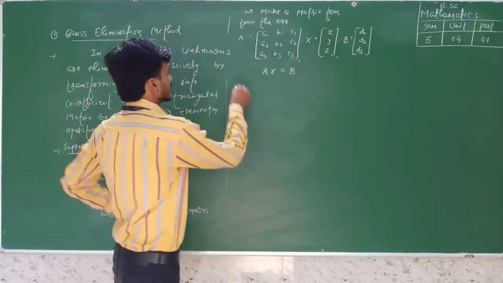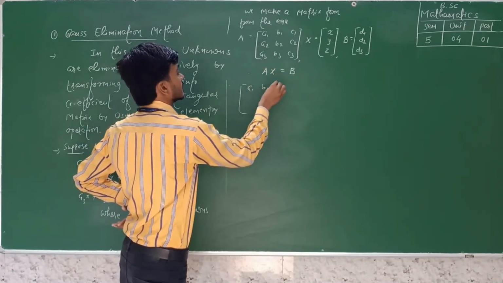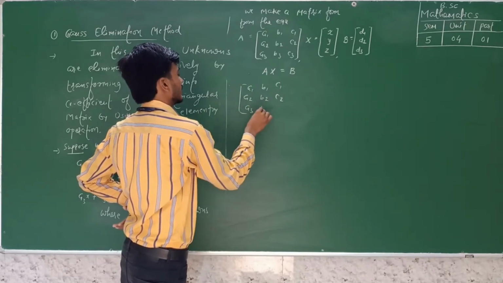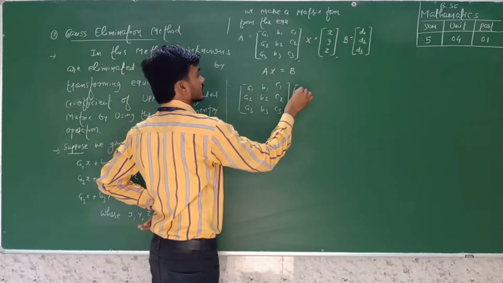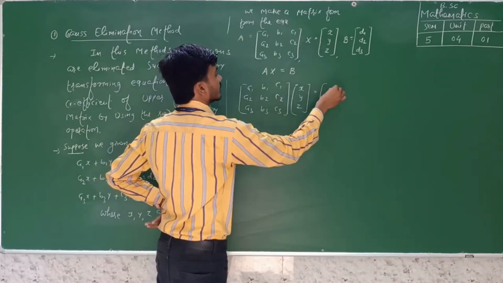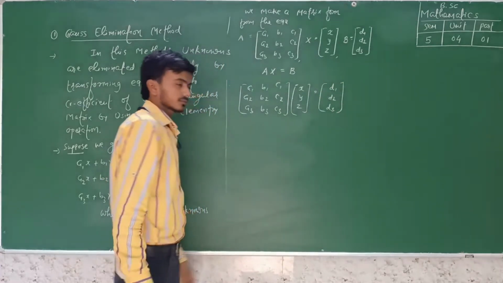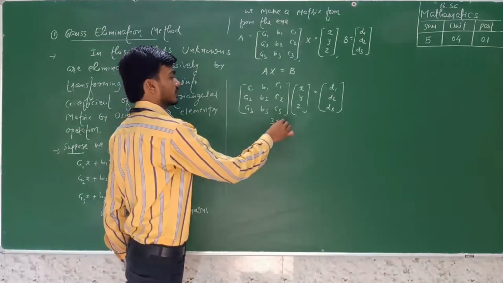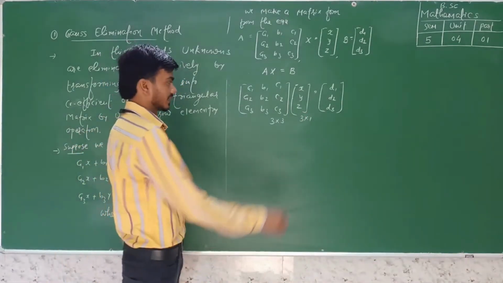Checking AX: A, that means a1, b1, c1, a2, b2, c2, a3, b3 and c3, into X, that is x, y and z, is equal to B, that means d1, d2 and d3. So this first matrix is a 3 cross 3 matrix and this other is a 3 cross 1 matrix.